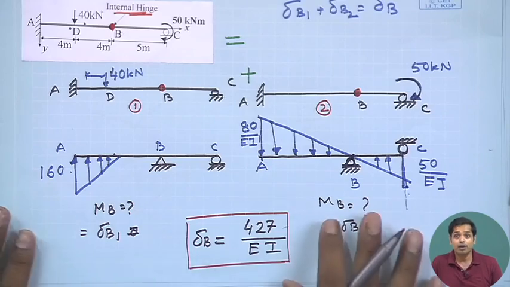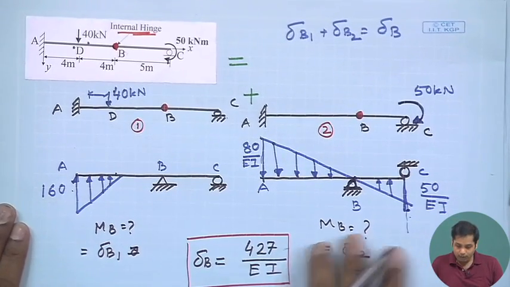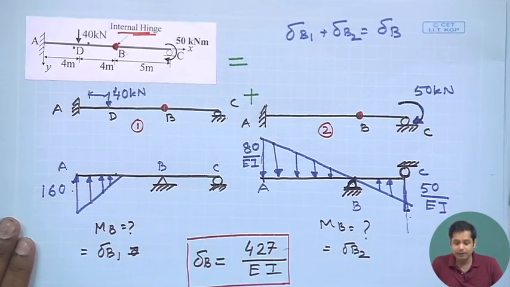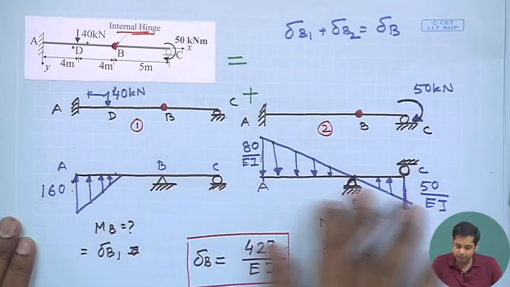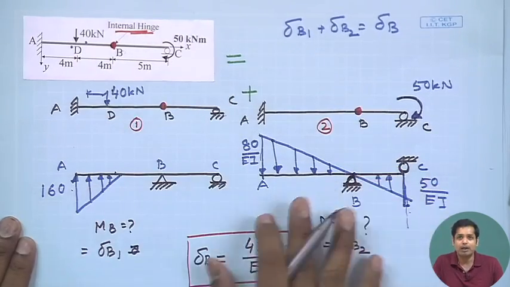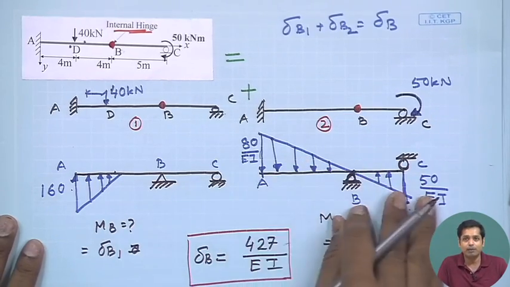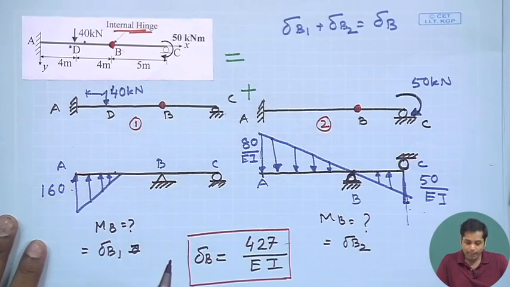Now, what advantage do we have by dividing the problem into two? In both cases the bending moment diagram becomes very simple.